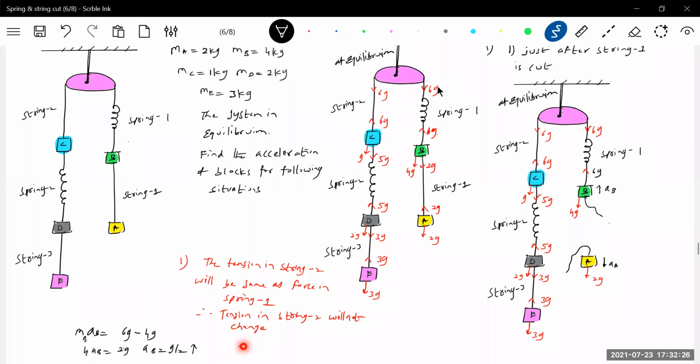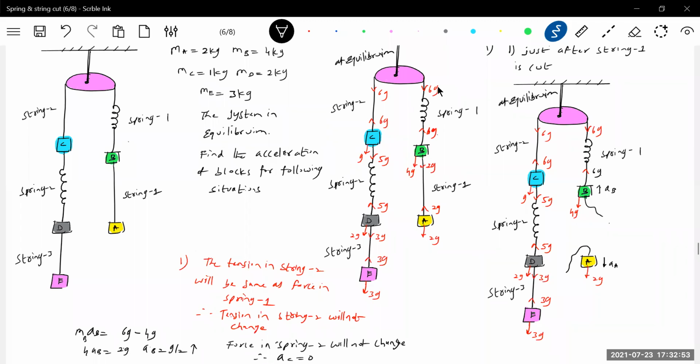Force in spring 2 will not change. So therefore AC is 0. Okay, now acceleration of block A got, block B got, block C got.